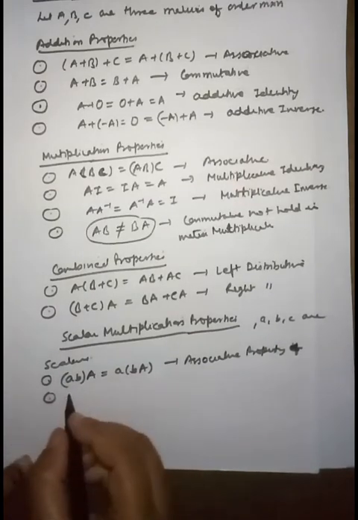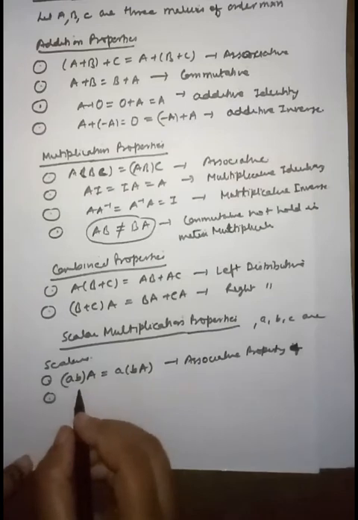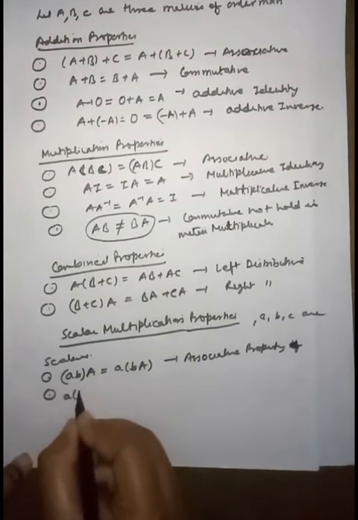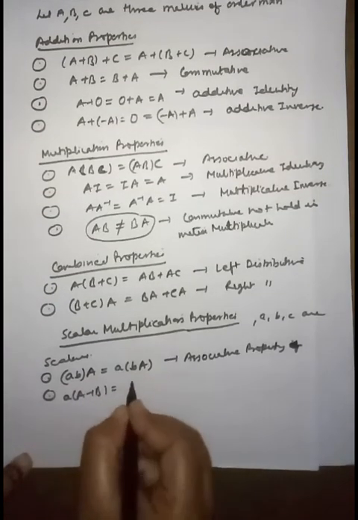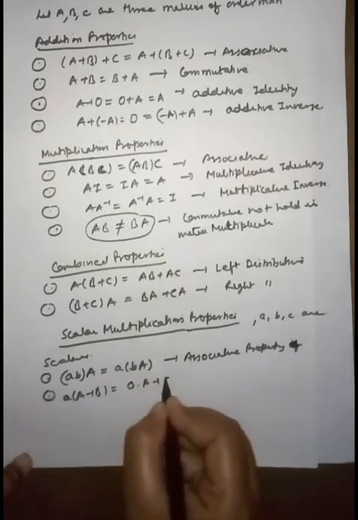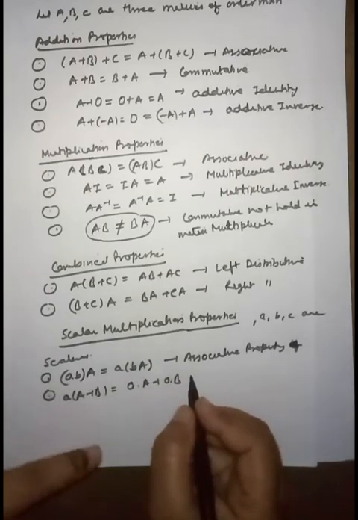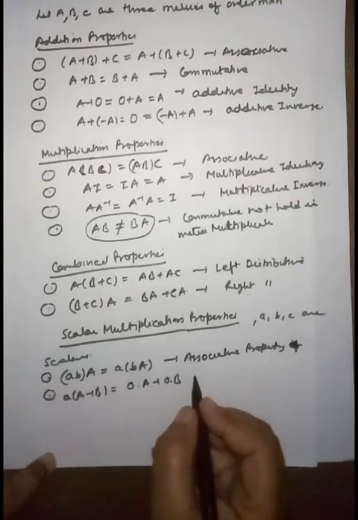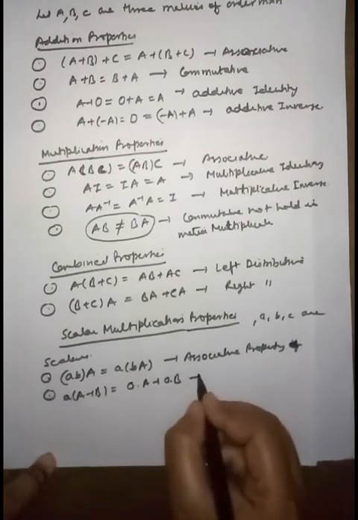Next, take a scalar like (a plus b)A, and this can be written as aA plus bA. Here small a is a scalar, so this is called the distributive property.